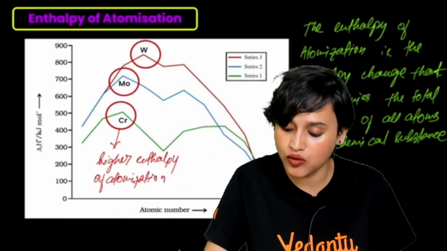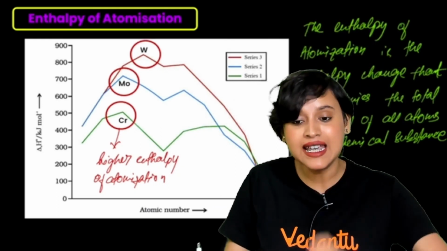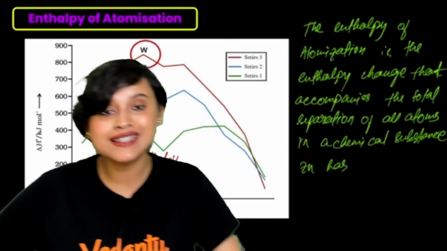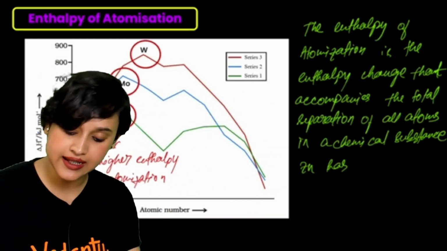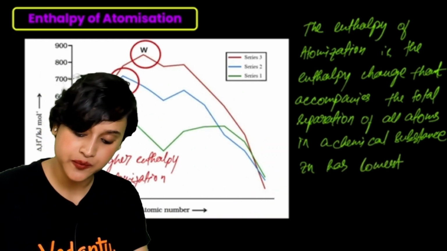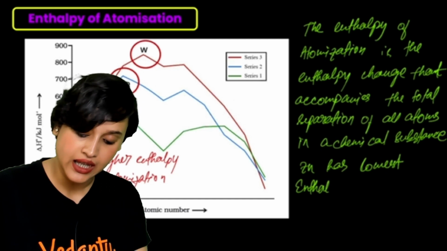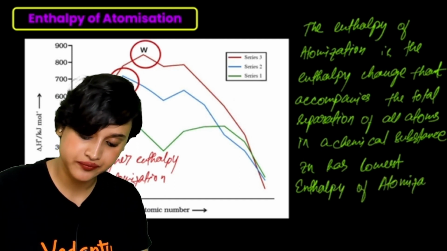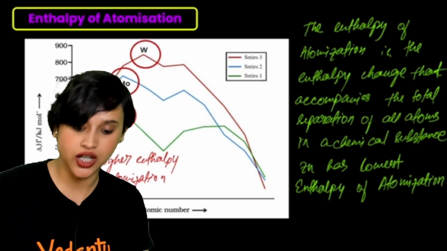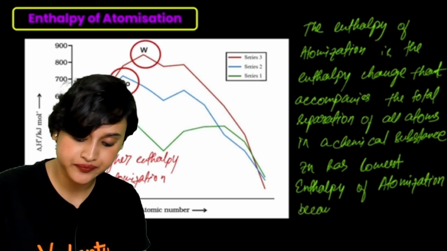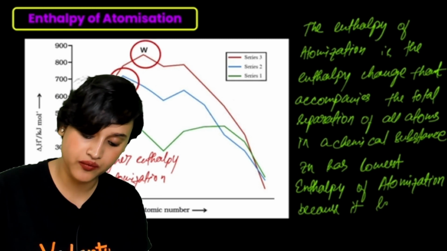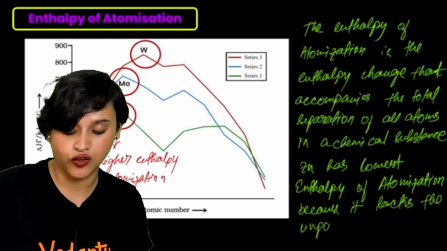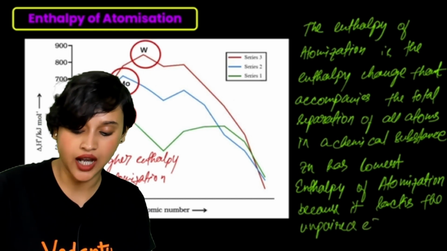So writing that down as well: zinc has the lowest enthalpy of atomization because it lacks the unpaired electrons. It does not have unpaired electrons.